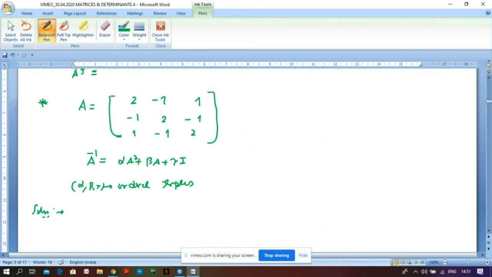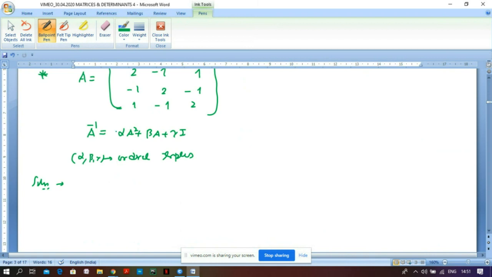Of course, we don't calculate A inverse directly. Rather, we fall back on the Cayley-Hamilton theorem. First of all, the matrix A is given: 2, -1, 1, -1, 2, -1, 1, -1, 2.